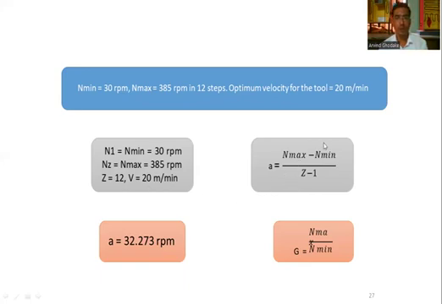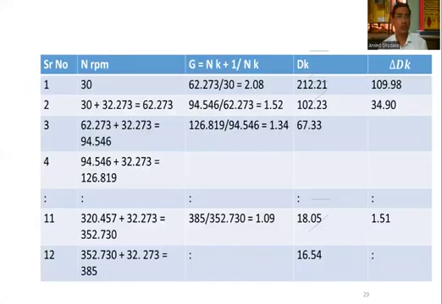Therefore, a is equal to n max minus n minimum upon z minus 1. By using this formula, we will get the common difference of the arithmetic progression a as 32.273. Therefore, there is no need to calculate the g. The formula for the g is given as nk plus 1 upon nk.